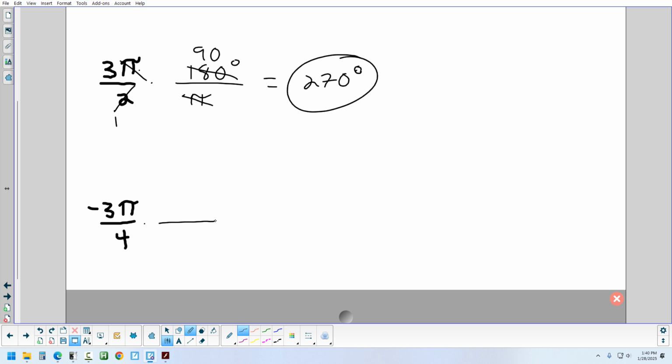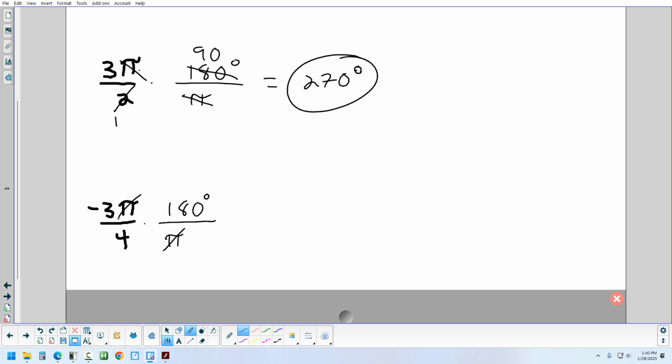Okay, so negative 3 pi over 4, convert to degrees. Where would radians go? On the bottom right. So you want to cancel out the pi. And what would go in the top? 180. Okay, so what's going to cancel out first? The pi's cancel, invisible radians is gone.